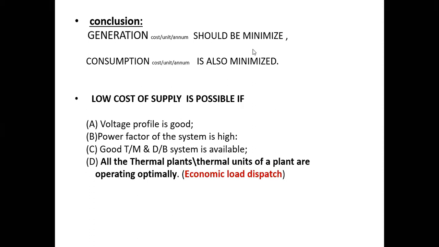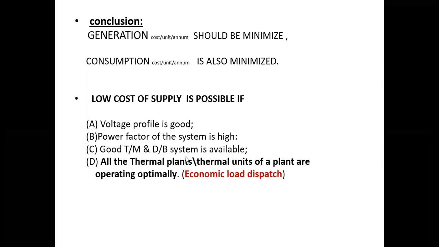But the point here is, what are the steps for reducing the cost at the load side? These are mainly 4 points. Those are: voltage profile is good, power factor of the system must be high, good transmission and distribution system is available, and the last point, all the thermal plants and thermal units of a plant are operating optimally.